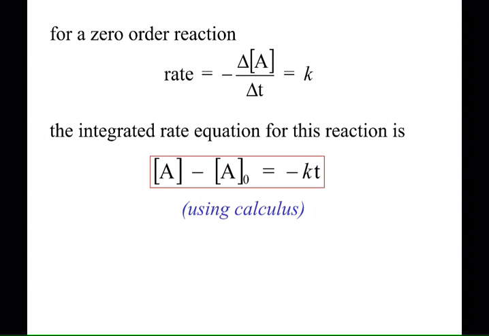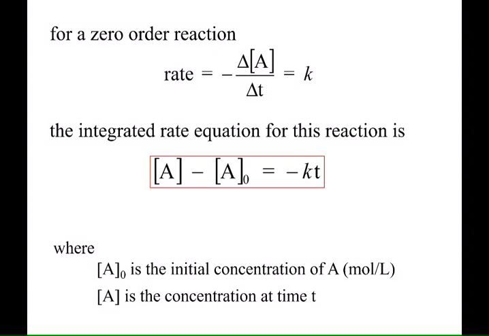Well, I mentioned plots, so how are we going to plot that? We can rearrange it a little bit. A0 is the initial molar concentration of A. A is that changing molar concentration of A at a particular time T. And K is your rate law constant.